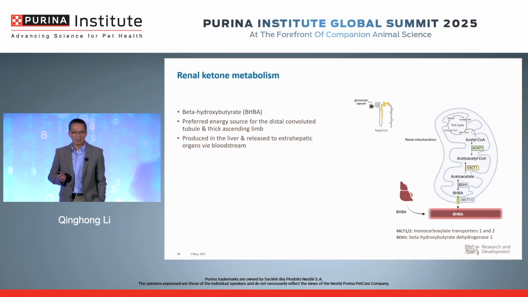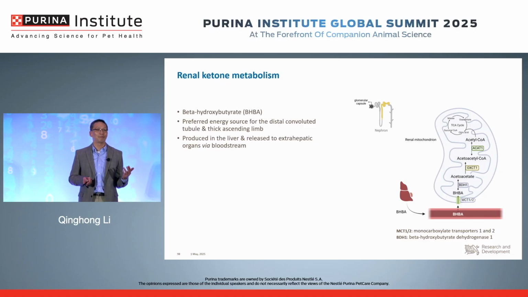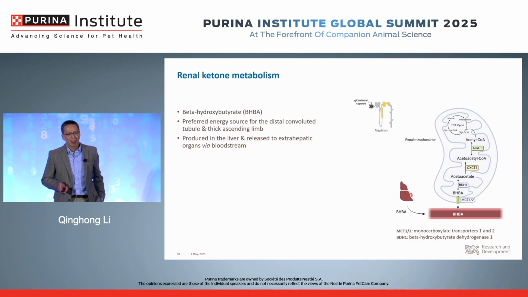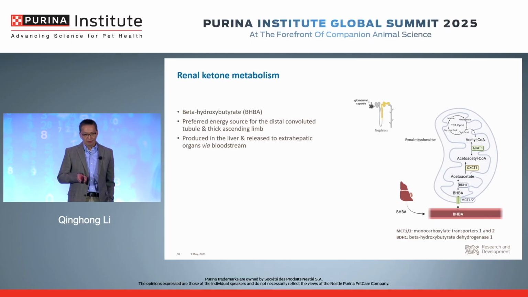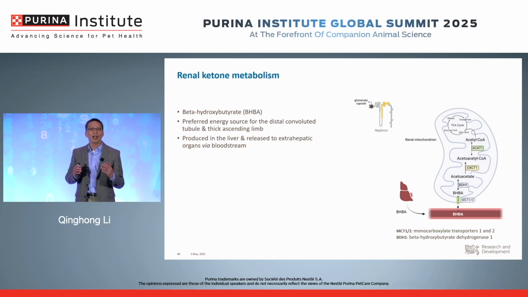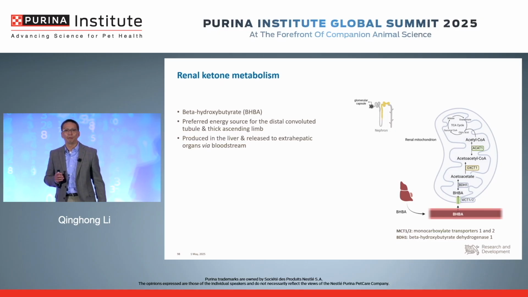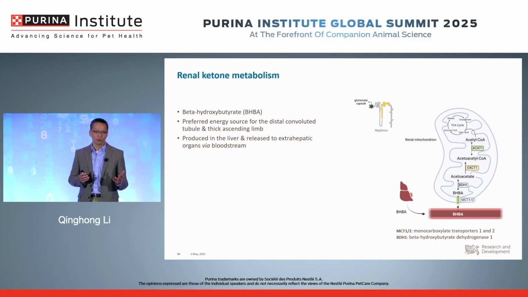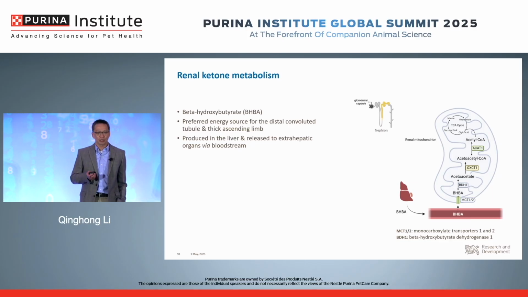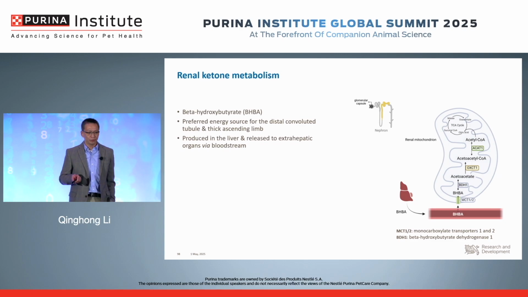Let's first look at the ketone. Ketone is also known as beta-hydroxybutyrate. We know that in the nephron, different segments prefer and utilize different energy sources. For example, the glomerulus prefers glucose, and ketone is the preferred energy substrate for the distal tubules.